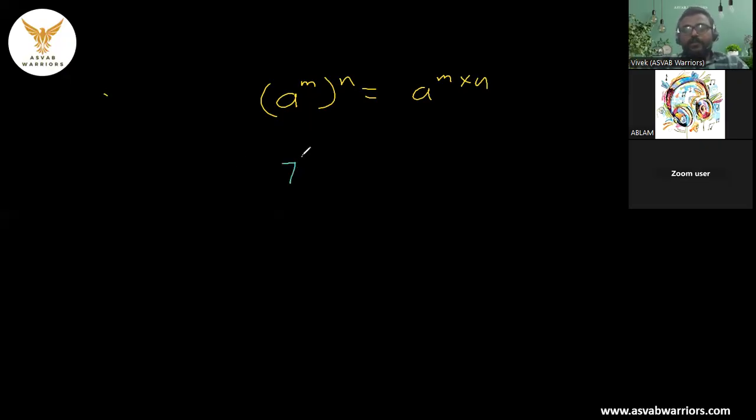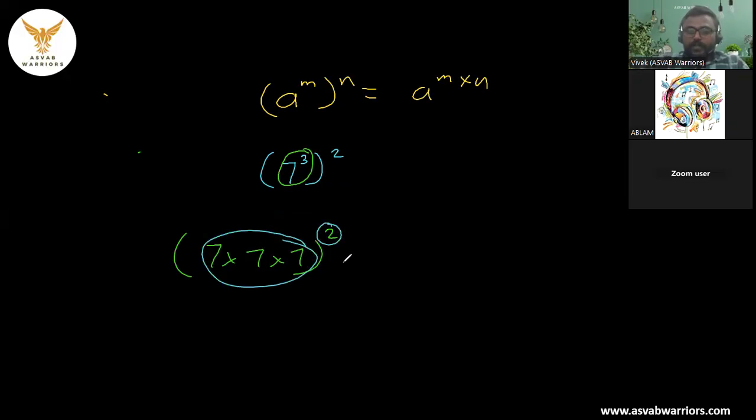So 7 to the power 3 to the power 2. I am not going to apply the rule right away. Let me just try solving the old traditional way without the formula. 7 to the power 3 will be 7 times 7 times 7 to the whole power, and this square means whatever is the base is multiplied 2 times.